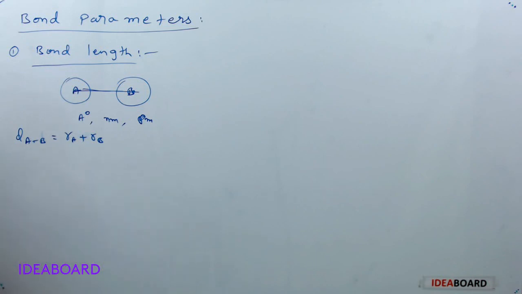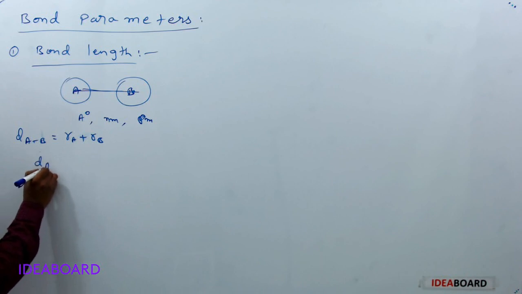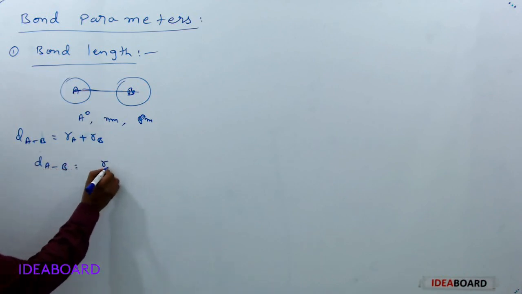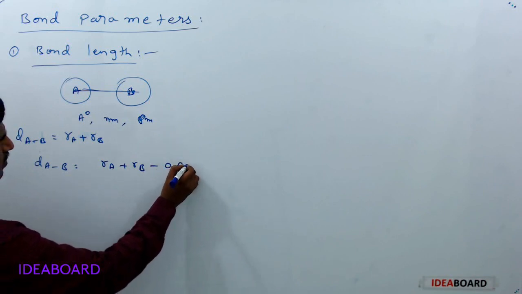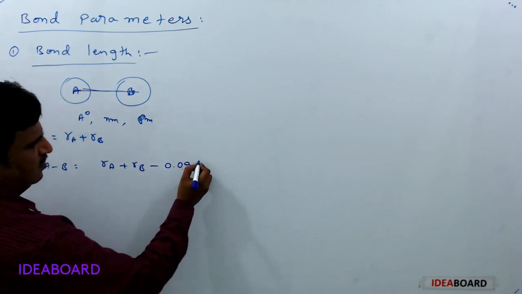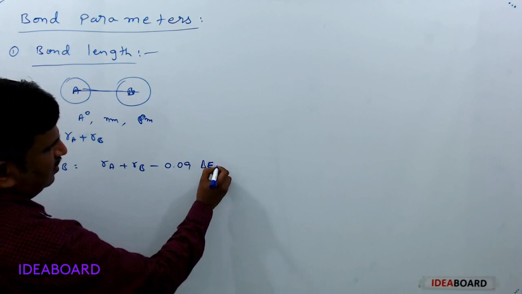But if there is an electronegativity difference between the two atoms, then the formula is DAB equals Ra plus Rb minus 0.09 delta EN.